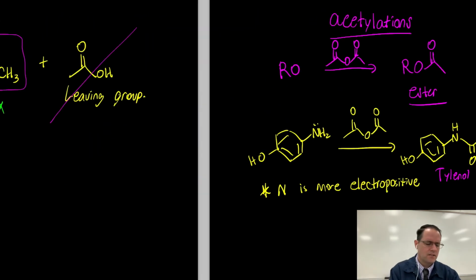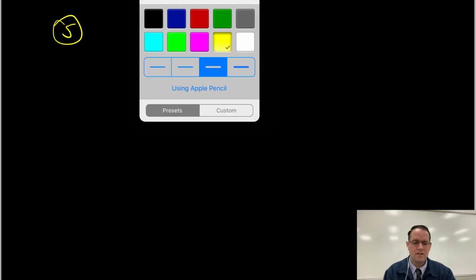The next reaction we have is reaction number 5. Okay, reaction number 5 is the creation of amides. So you can take an amine, such as ammonia. Okay, and ammonia will react with anhydrides.